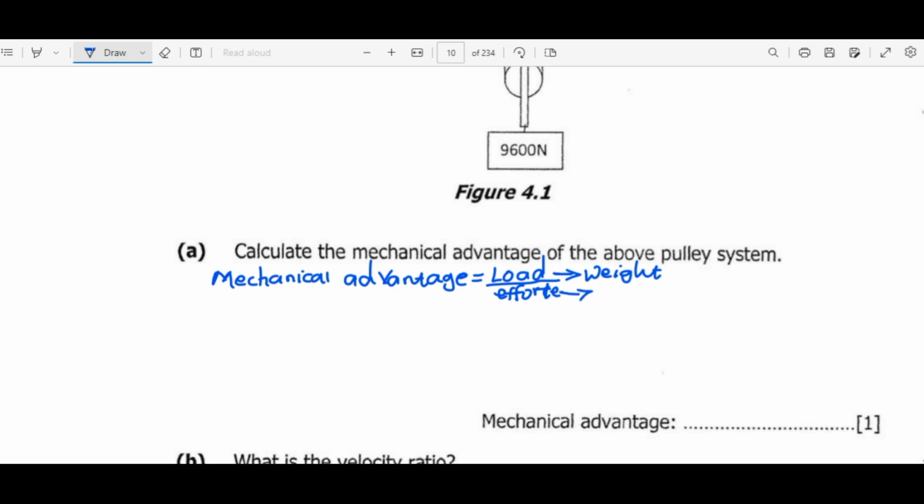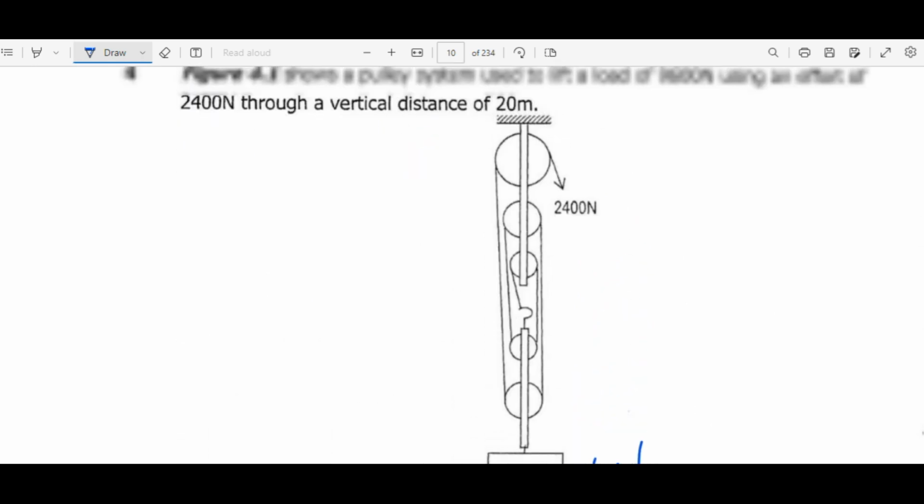Then the effort is the force produced by the person trying to overcome the weight. So this is our load. Then if we go back to our question, the effort is 2,400.